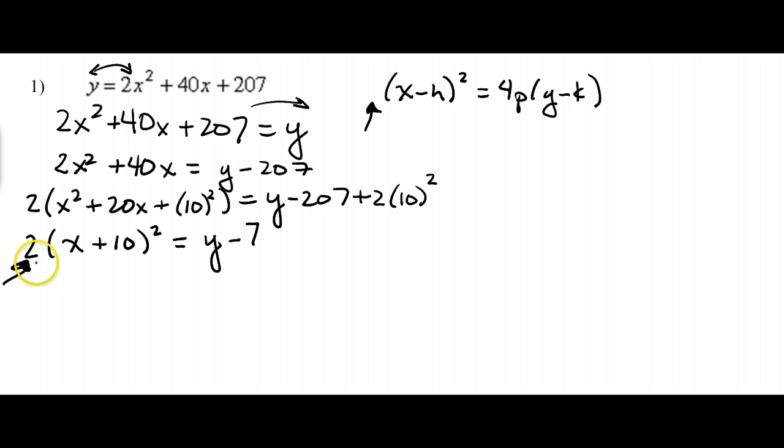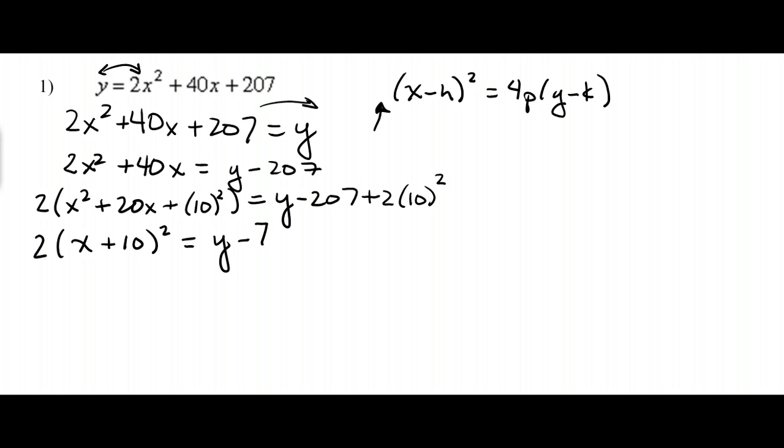So I'm just going to multiply through by a half. I'm really dividing by 2, but I want to keep it in a form that I like. So get rid of that. So what I'm going to do is multiply through by 1/2.